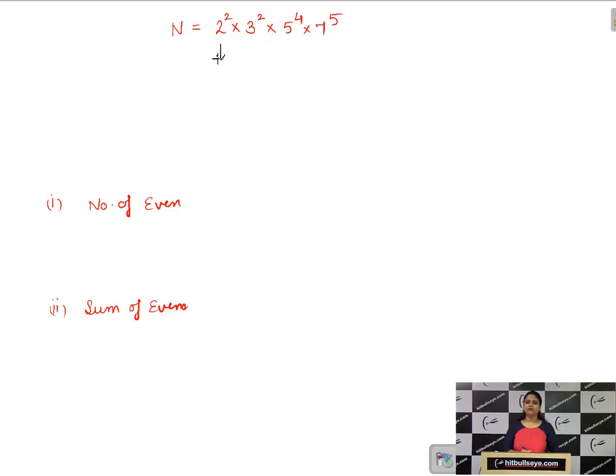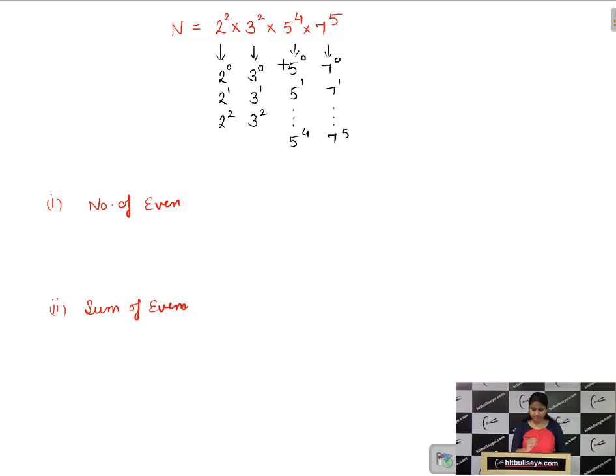Since we are talking about factors, these many permissible powers we can talk about, they were all the permissible powers of all the primes in case we are talking about factors. But there was one more condition, that is we are talking about number of even factors.